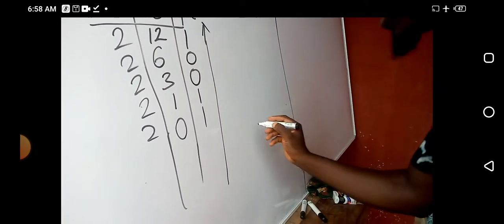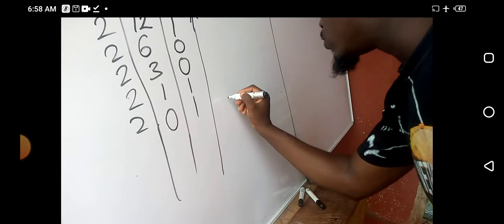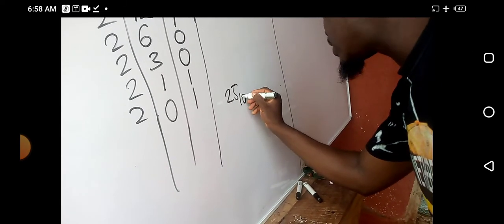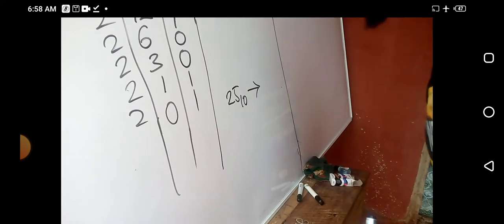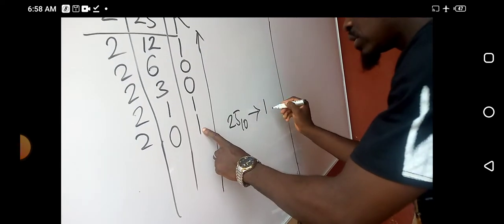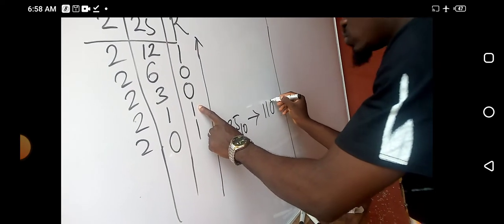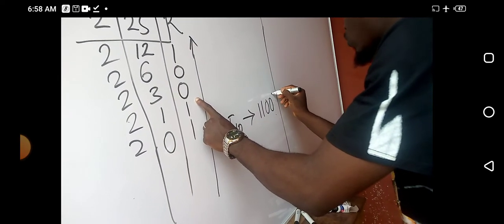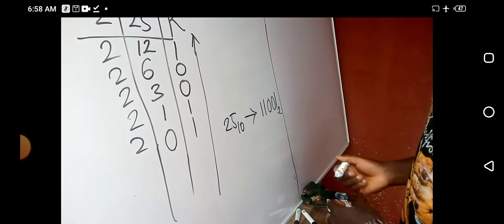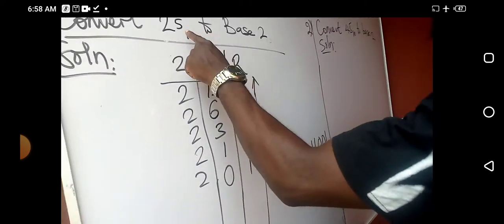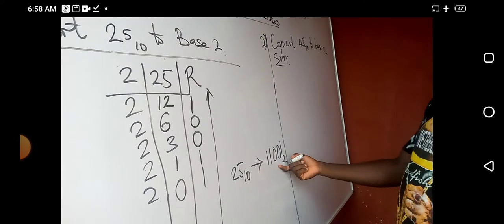So 25 base 10 gives us 11001 base 2. That is what we get when we convert 25 base 10 to base 2.